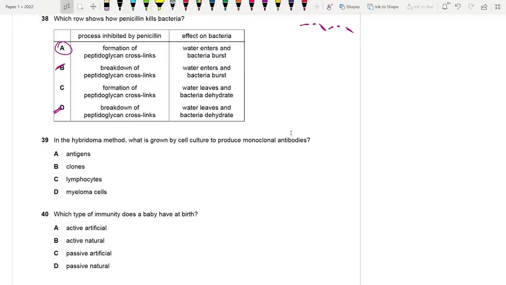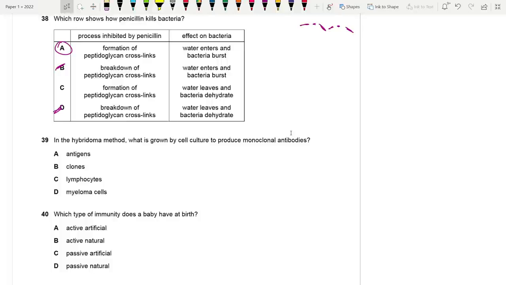So what's the method exactly? We first inject the antigen into the rat or another animal. So the rat actually produces antibodies.